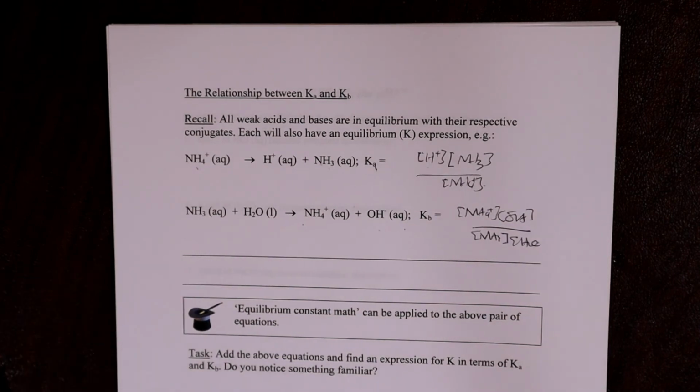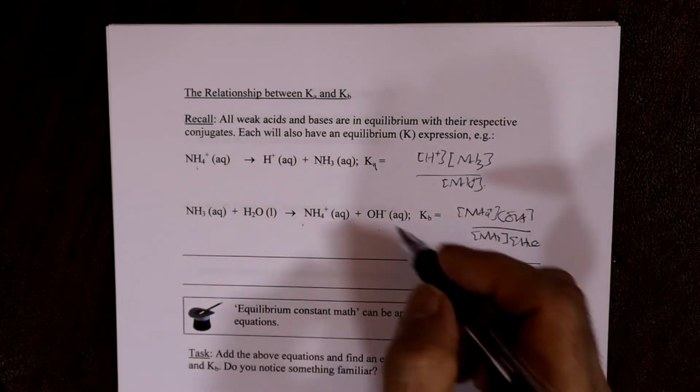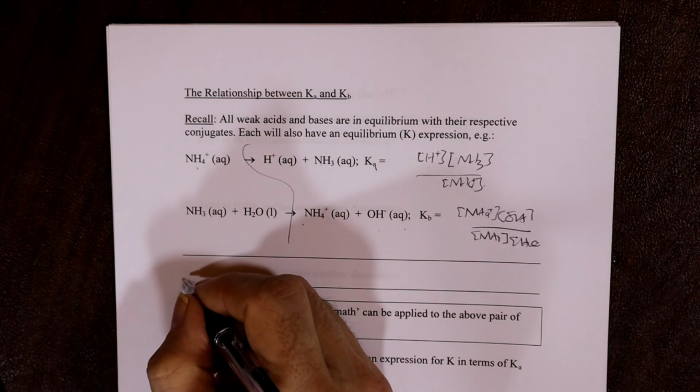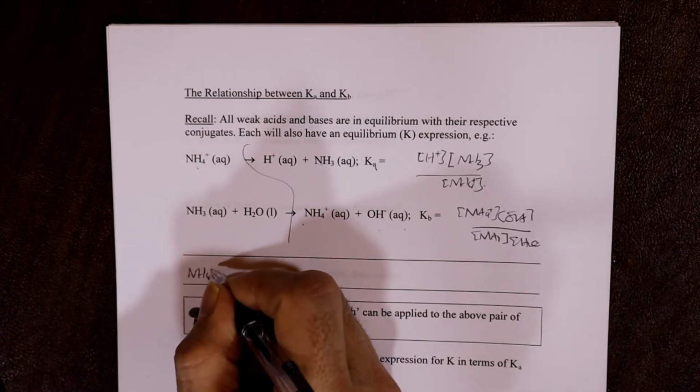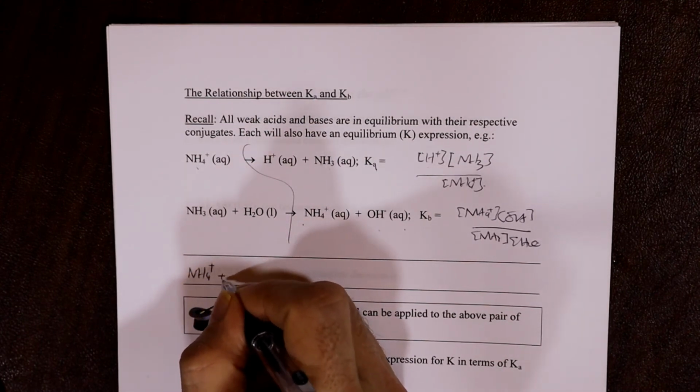All right, now, if you remember, when we add reactions, we multiply K's. So let's do that. So we're gonna add, and feel free to pause, give this a shot yourself.